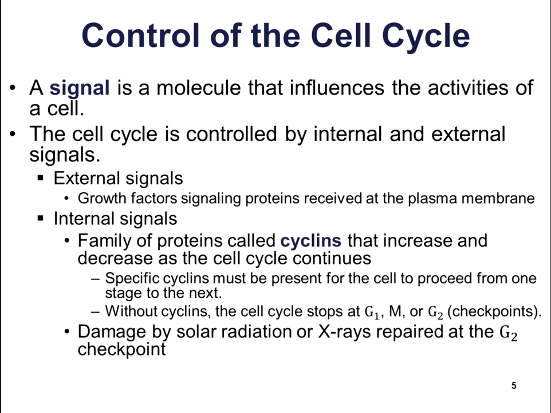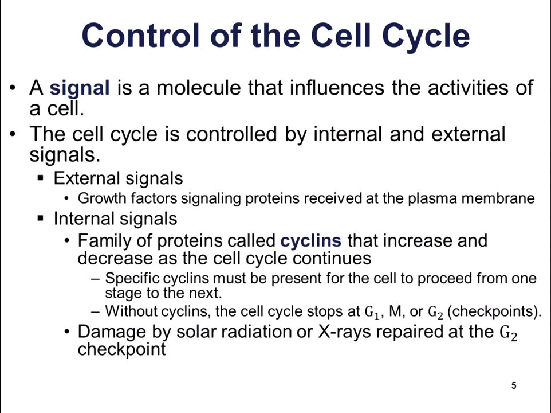There are specific cyclins that must be present for the cell to proceed from one stage to the next. So if these internal signals are not present, the cell cycle will stop at G1, M, or G2, which we call checkpoints. So basically, your cells are making sure that this cell cycle is going as it should.